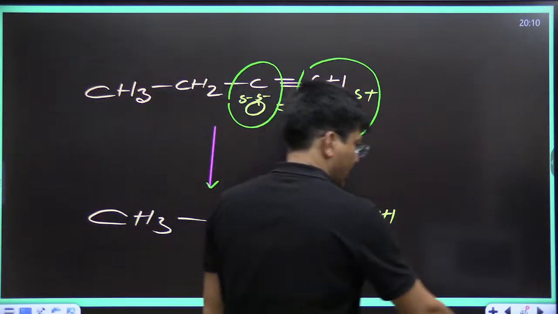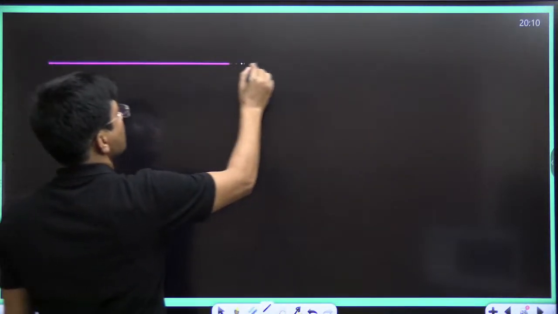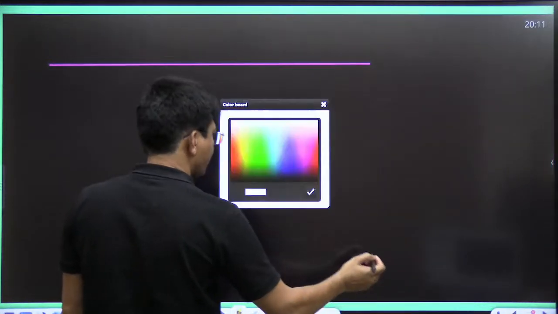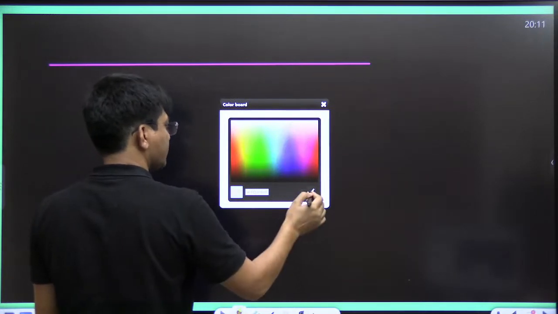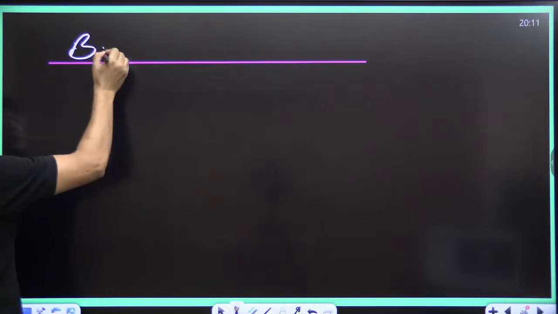Now, let's deal with a reaction known as what? Which reaction, kids? Do let me know which reaction I'm going to talk about. Definitely Brown hydroboration-oxidation.